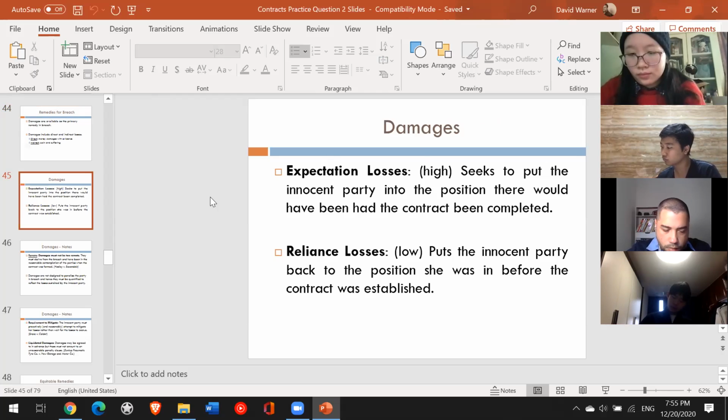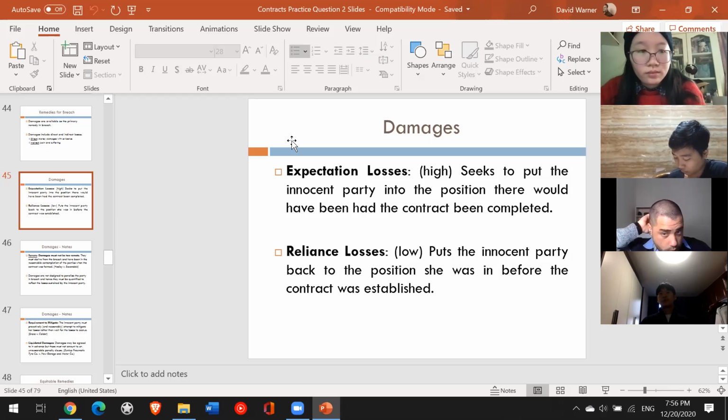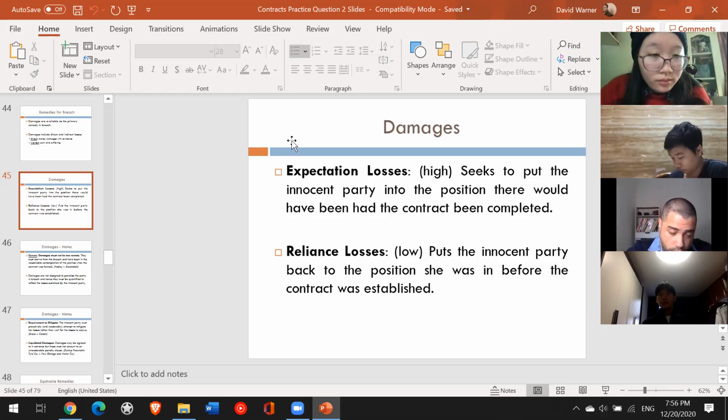If Meg was going to buy it for $100 and sell it for $1,000, and Chris doesn't know that she's going to resell it, but Meg is a fashion designer, for example, and she's going to sell it to a company for $1,000.